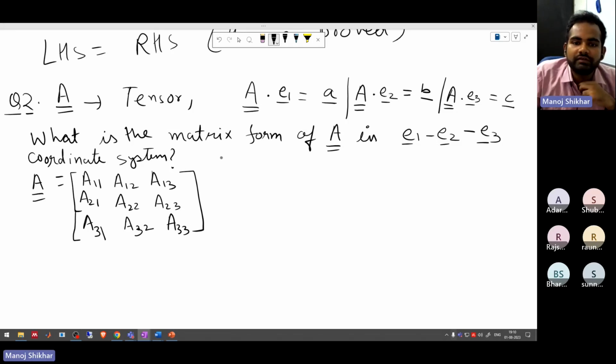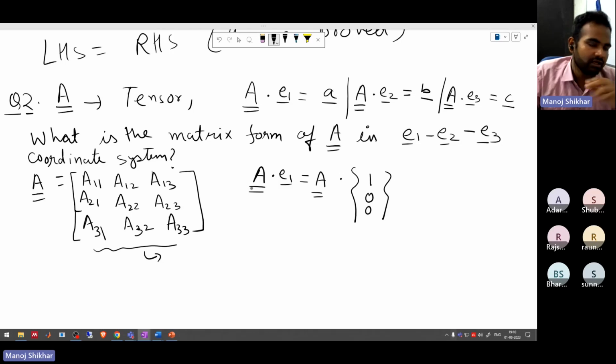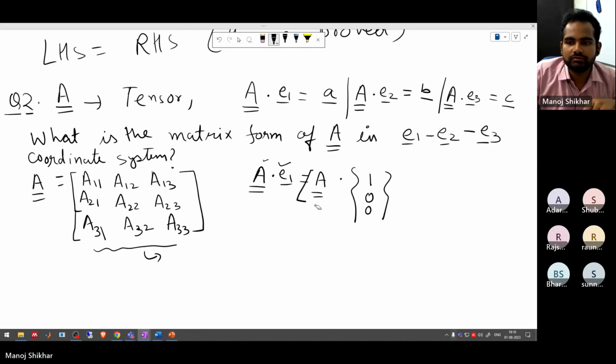A dot E1 is a. So we can directly write this thing dot 1, 0, 0. I've already discussed what the expression will be for the product of a second order tensor with a first order tensor: the matrix form of that tensor times the matrix form of the other vector, like this 1 0 0.